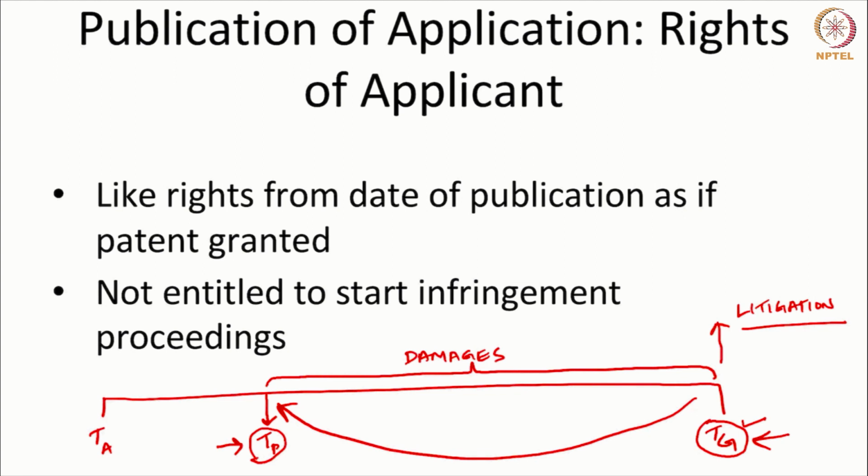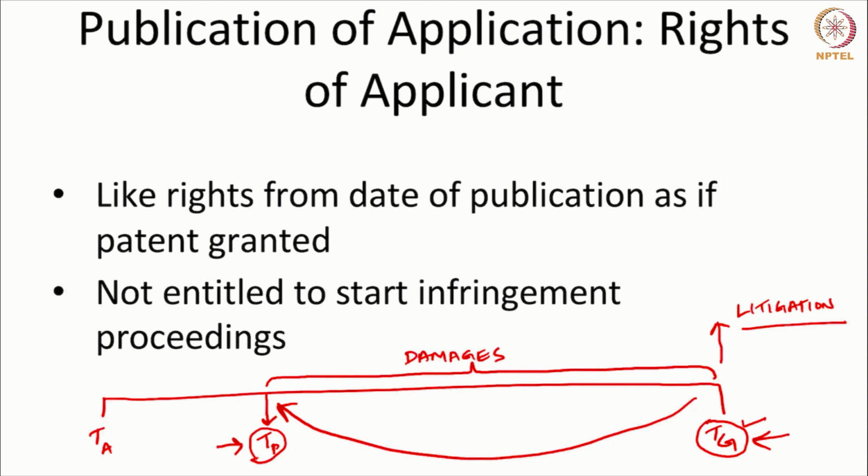Whereas an application that is still pending is very uncertain, or it cannot be said what are the boundaries of that invention, because there could be changes that are made during prosecution. The applicant himself may withdraw certain claims. There is quite a lot of possibilities there, and we say that for an application, the claim or the status of the application is uncertain until the application is granted into a patent.